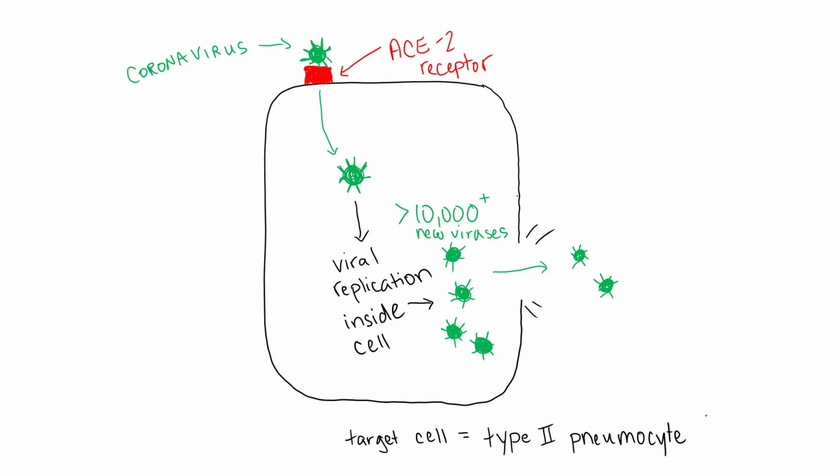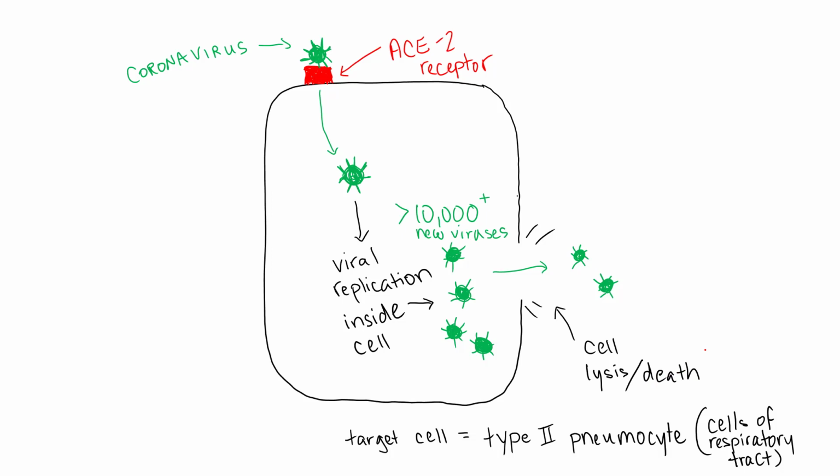So these are cells that line your respiratory system. So cells of the respiratory tract. So as the viruses are released, this cell dies. So we say cell lysis, cell death.